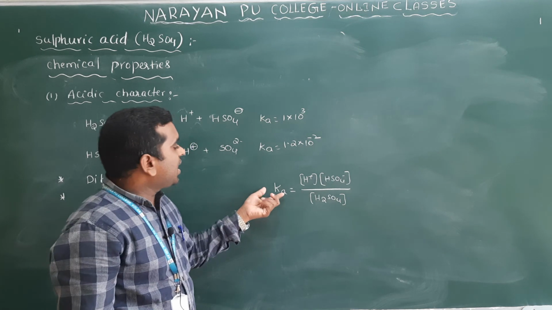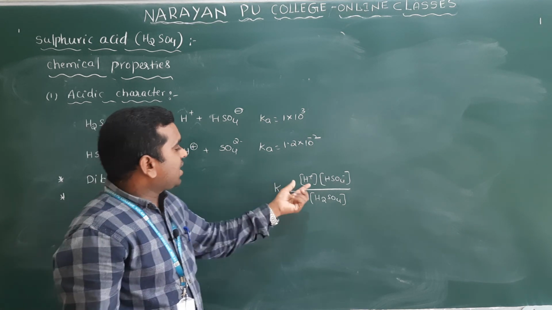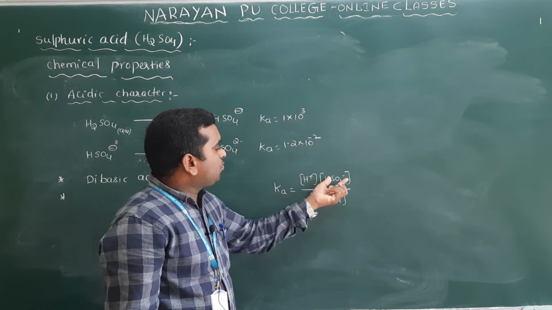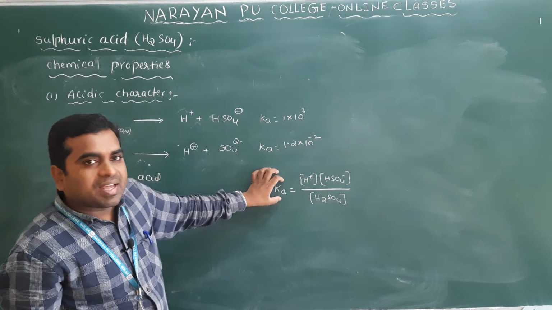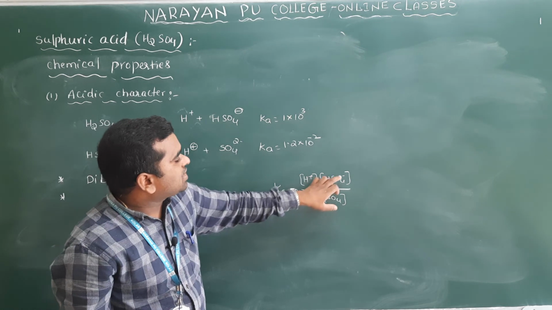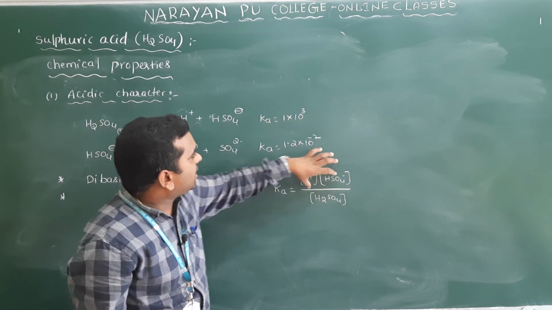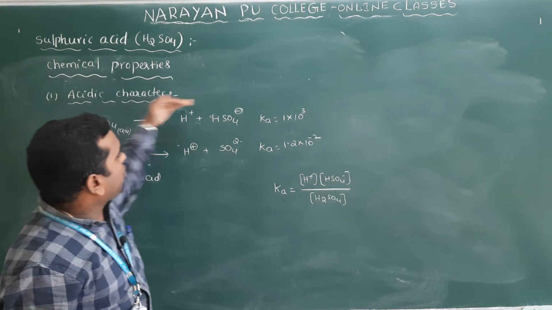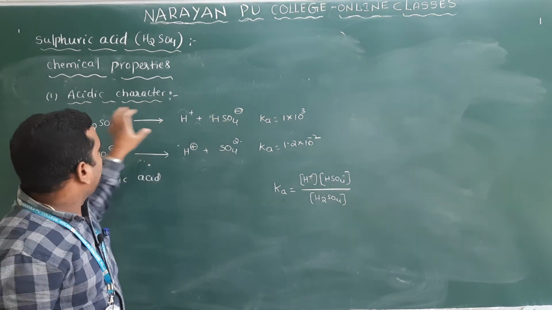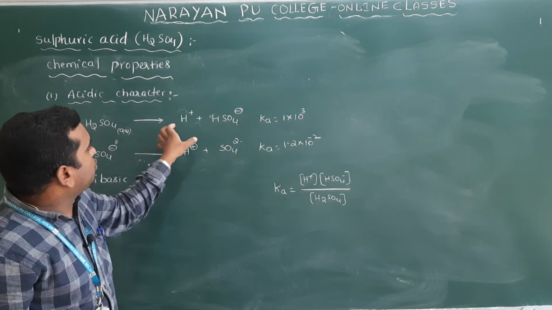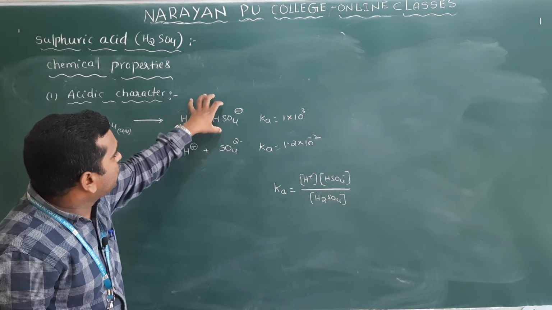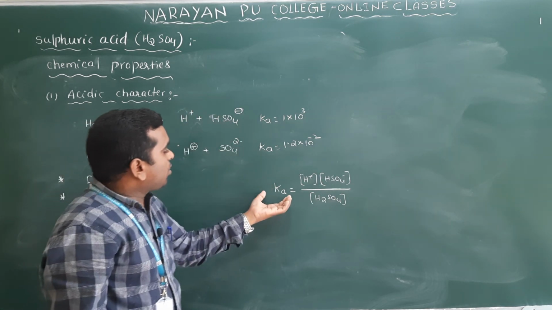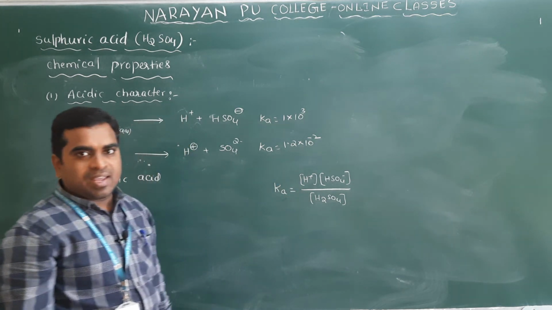When the concentration of H+ ions and HSO4 minus ions is more, then Ka will be greater. Means the reaction goes forward, so mostly H2SO4 will be consumed and gives H+ and HSO4 minus. If these ions are produced to a large extent, then automatically the Ka value will be high.